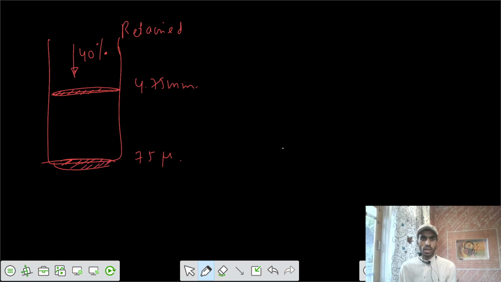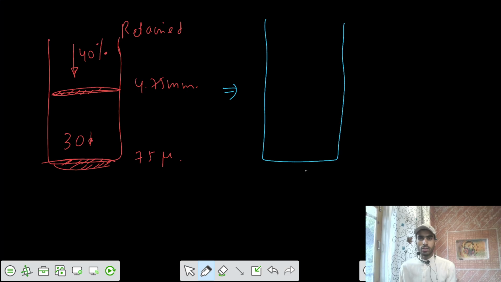After that, 30% is retained here. That means from the statement we can say you are having these three different possibilities: 40% is here, 40% is here, and 30% is here.